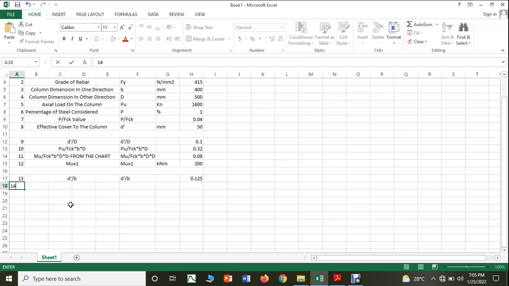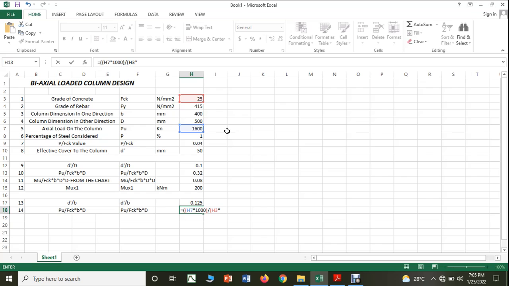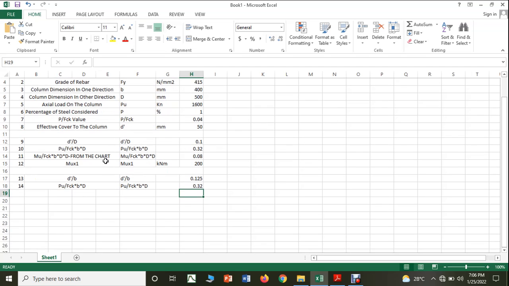So again I can write this step, that is nothing but your Pu by FCK BD value, that is into 1000, this into B into D, that is 0.32. So your Pu by FCK value will be 0.32.